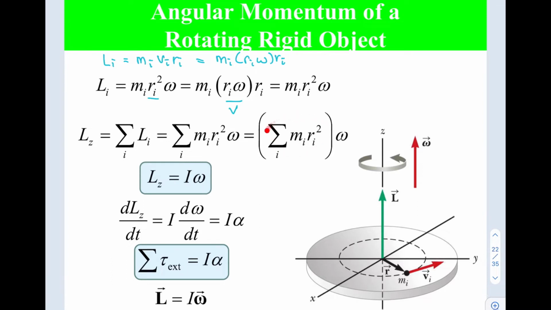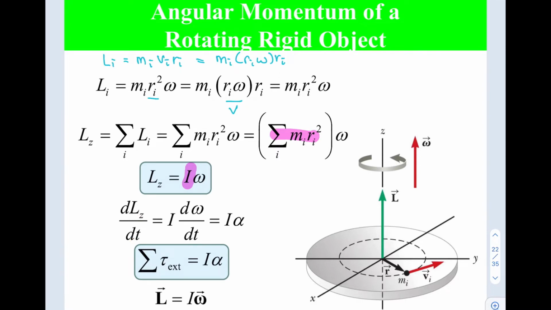We are left with this pattern, which is the moment of inertia, mr squared. So we rephrase our equation: L along z is equivalent to moment of inertia times omega.